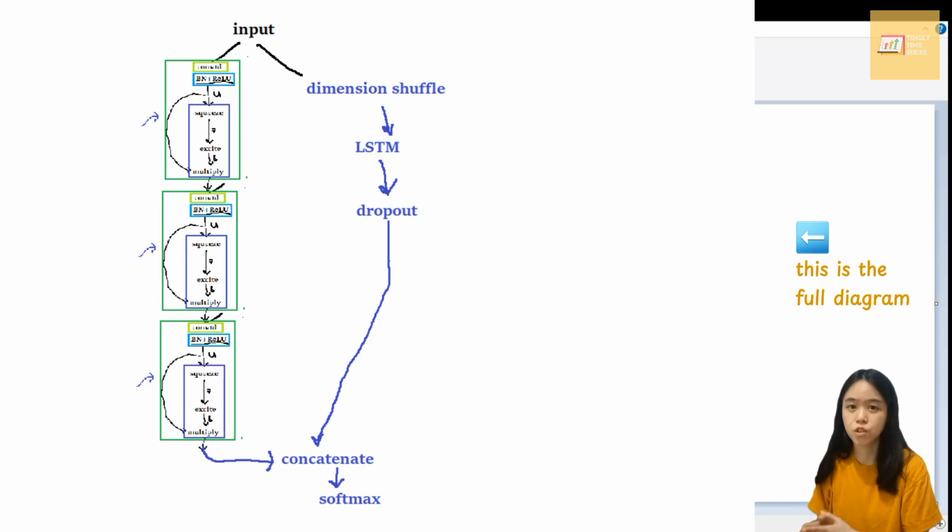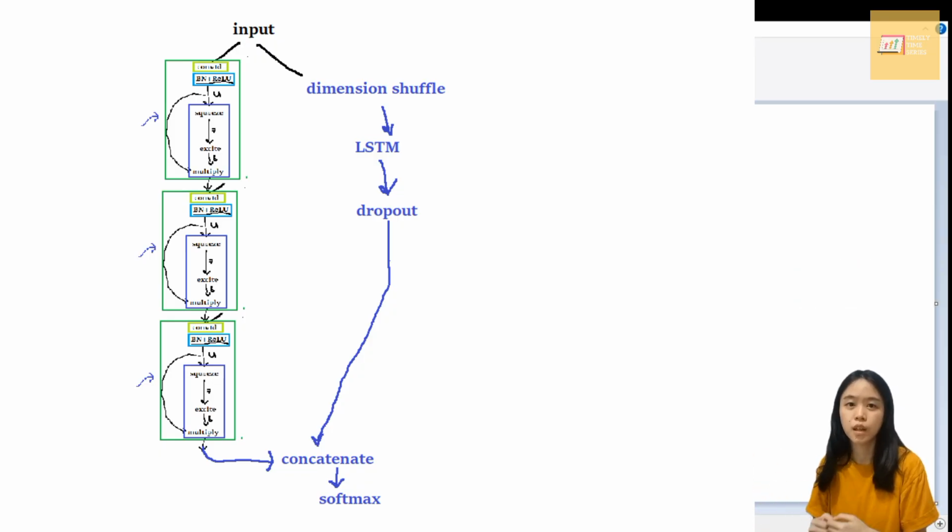After the concatenation, they put it into a dense layer, like a fully connected network. And there we have the output.